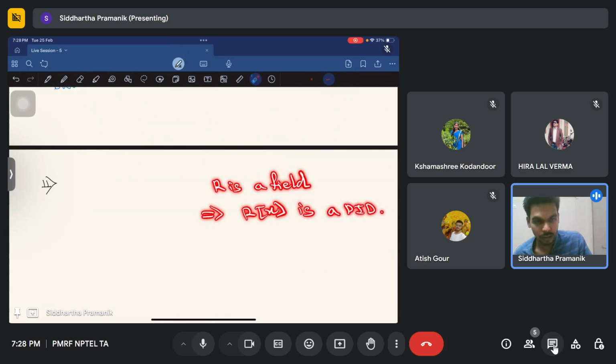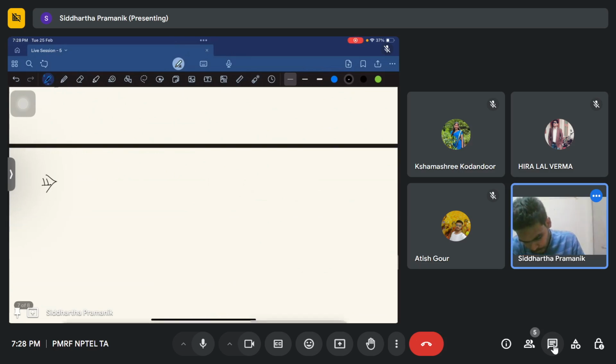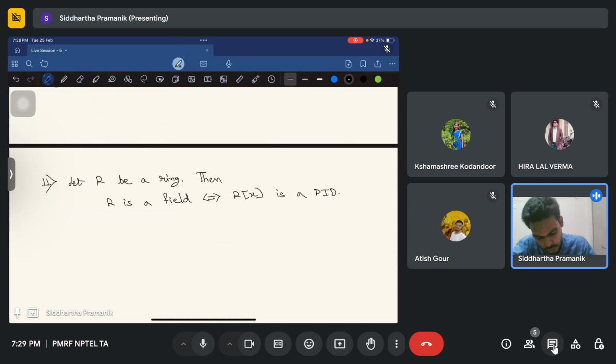That is something you all know, but the converse is also true. So let's write down. Let R be a ring, then R is a field if and only if R[x] is a PID. This is something very useful.